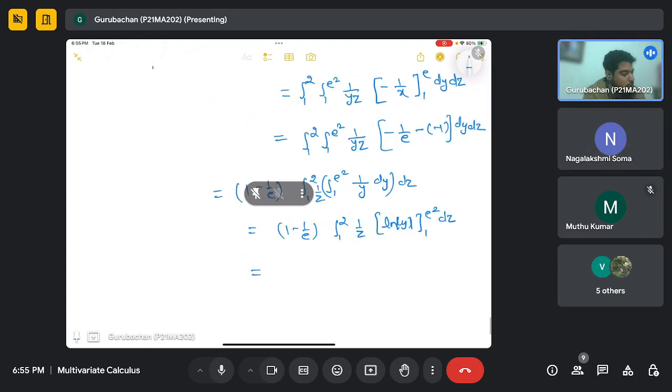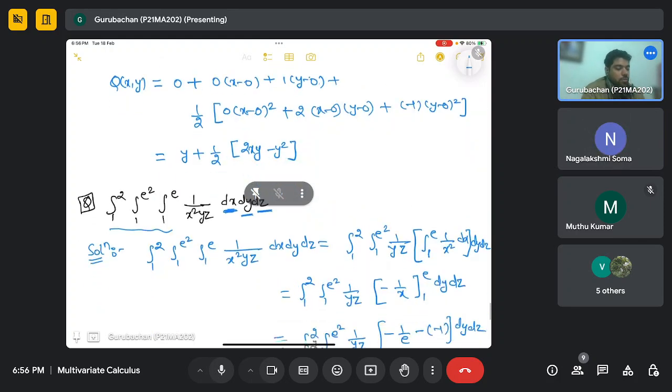So this will give us 2 times 1 minus 1 by e, ln mod z from 1 to 2, which is 2 times ln 2 into 1 minus 1 by e. Okay, so one answer is this.